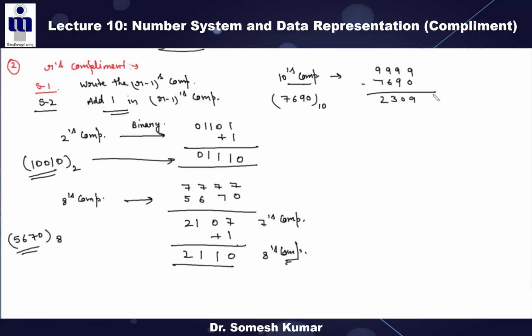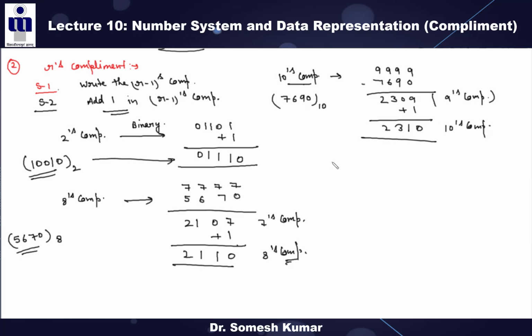Check this. For the 10's complement, add 1 in this. 9 plus 1 is 10, and how do you write 10 in decimal? So 2 3 1 0. Okay, this is the 10's complement.